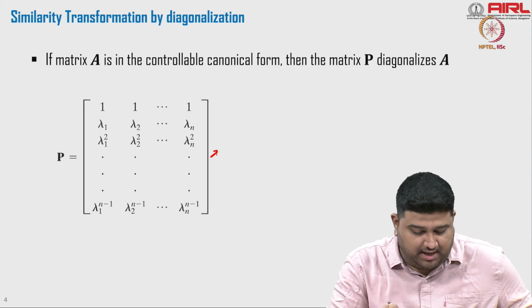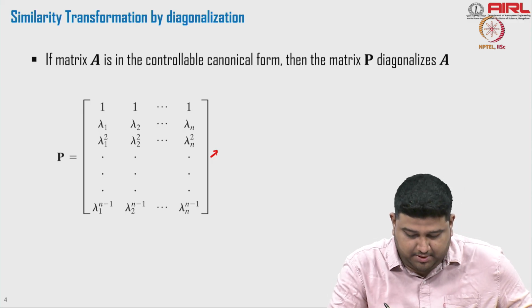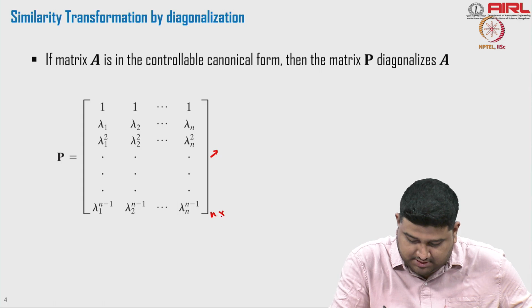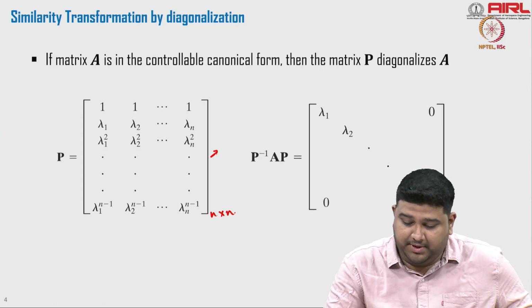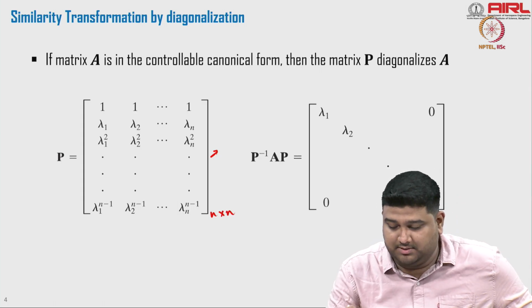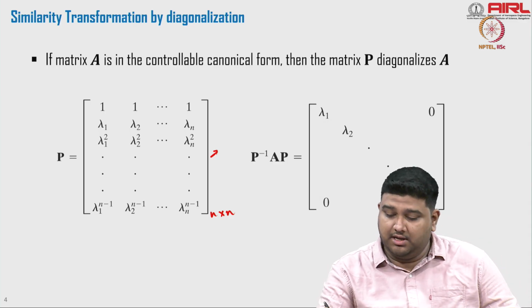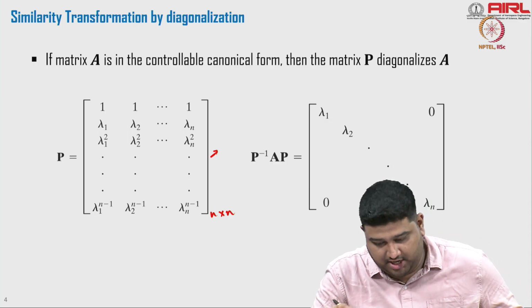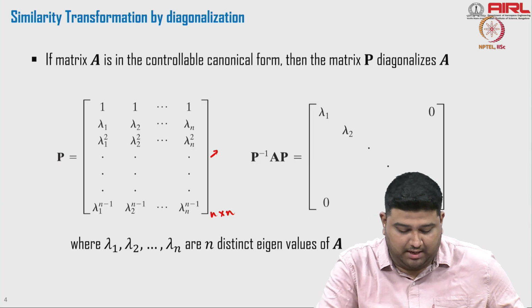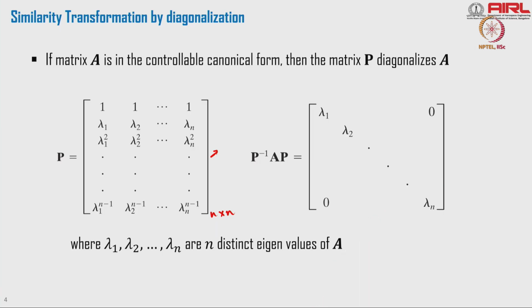So if our P matrix is of this shape, which is n cross n dimension, then P inverse AP has the property that it is a diagonal matrix with its diagonal elements all being the eigenvalues of A, where lambda 1 until lambda n are n distinct eigenvalues of A.